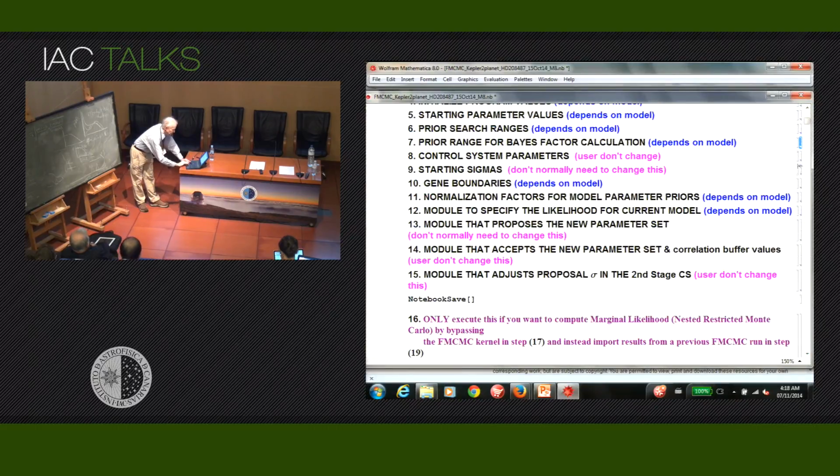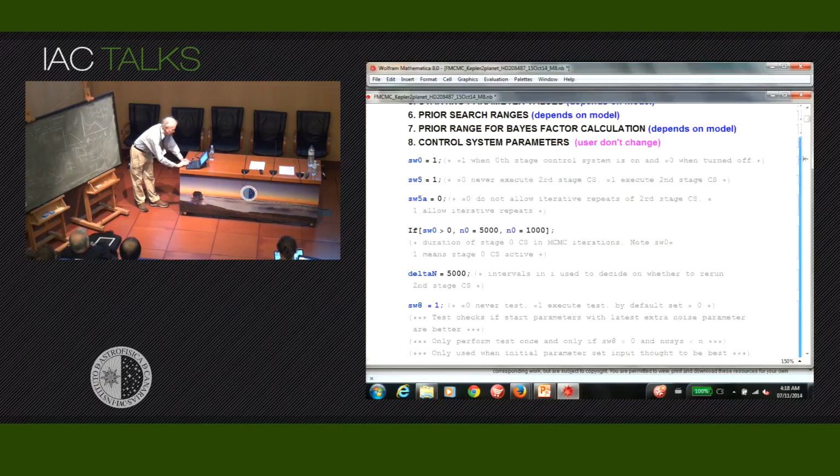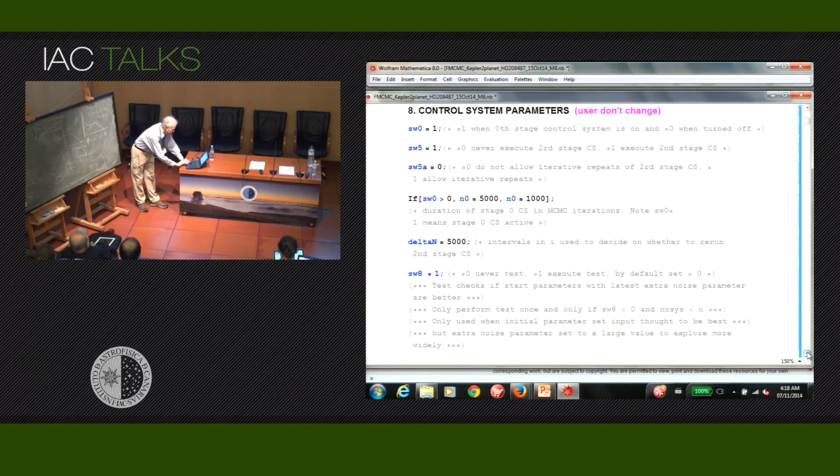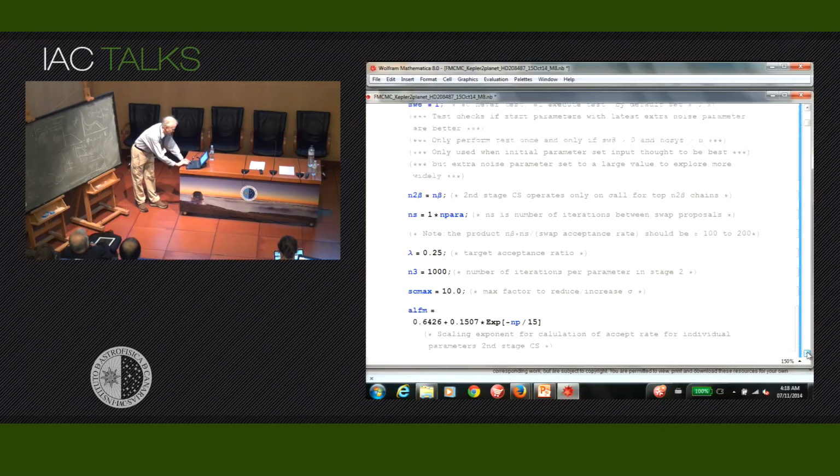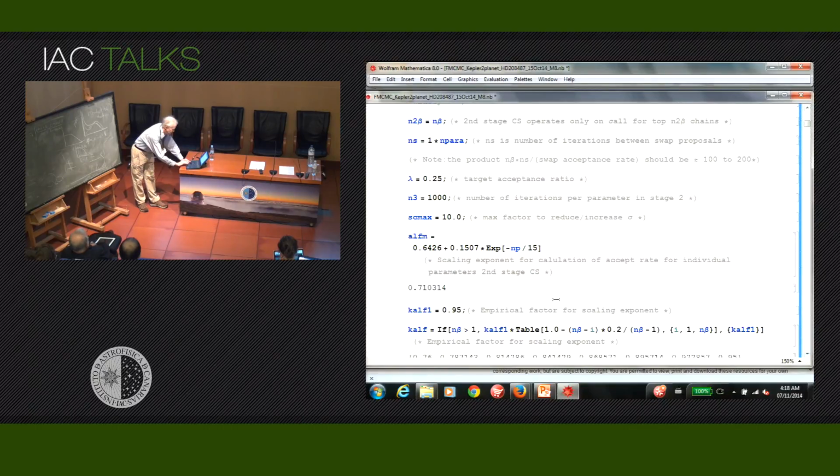And then there are control system parameters. You really don't have to change any of those. There's only one fudge factor, and it doesn't fudge very much. That's down here, this K alpha 1. Basically, if you're dealing with a 1 or 2 planet model, that should be somewhere about 0.91.